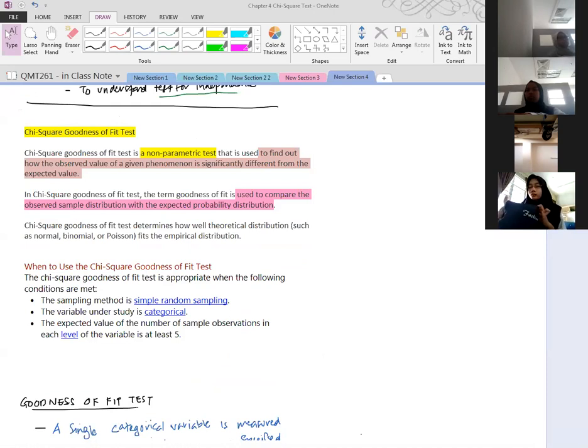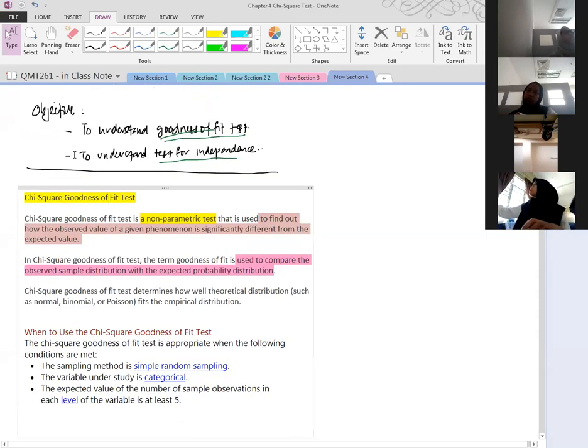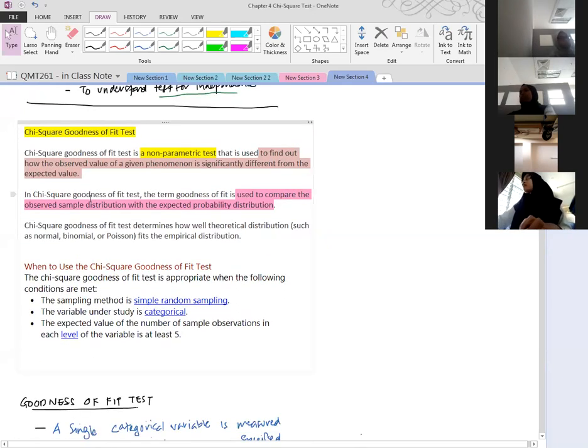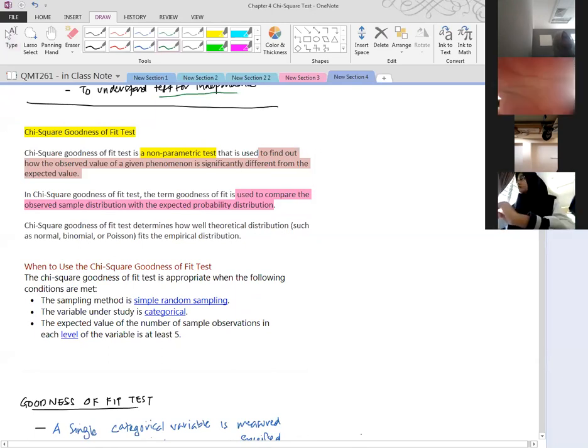Okay. So we start with the chi-square goodness of fit. In this topic, we're going to learn two things. First is the goodness of fit test, and another one is the test of independence. The chi-square goodness of fit is a non-parametric test used to find how the observed value, meaning the value that we found of a given polynomial, is significantly different from the expected value.